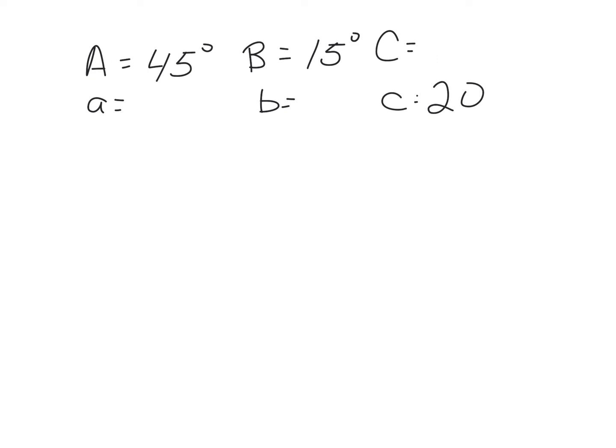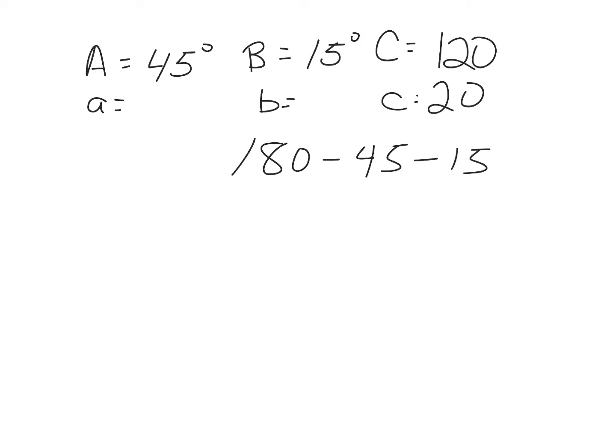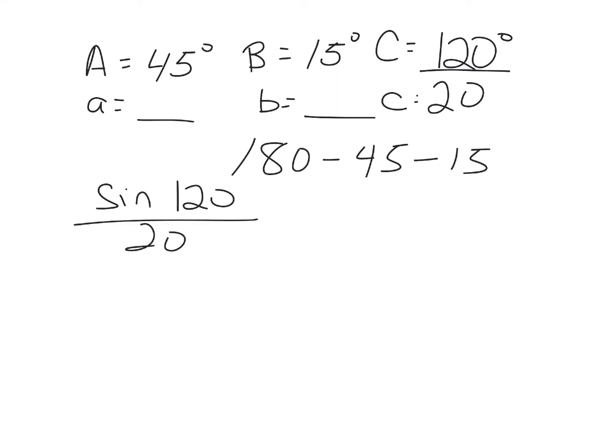And here we have an angle-side-angle example, which is similar because since we have a missing angle, it's an easy one to find. Take 180 and subtract these two, and we're going to get 120 degrees. So that's one unknown we found, and we need to find the other two. We're given the C's, so sine of 120 over 20 equals sine of 15 over lowercase b.